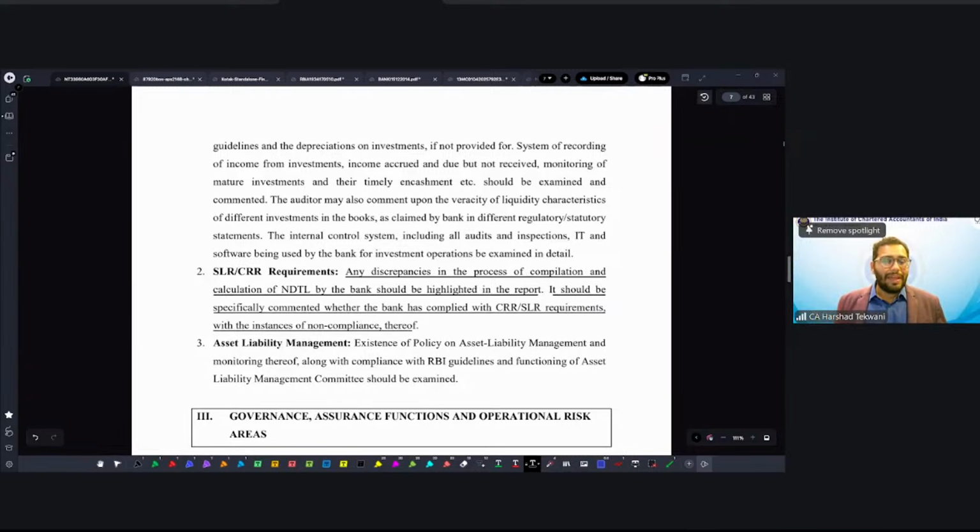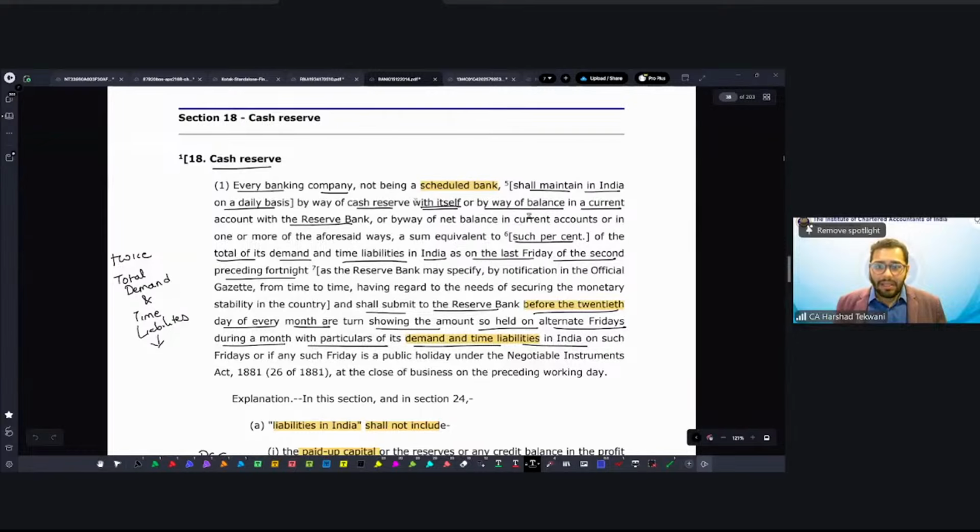Now, one thing is very important. When we read section 18, what it says is that it shall maintain on a daily basis. This is very important. Shall maintain in India on a daily basis by way of a cash reserve.